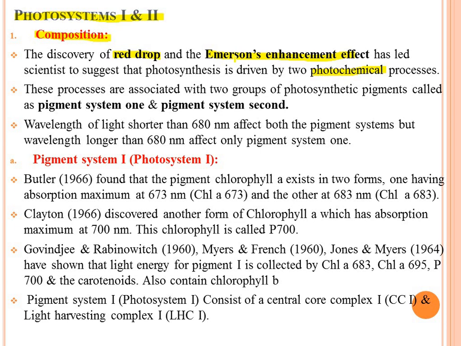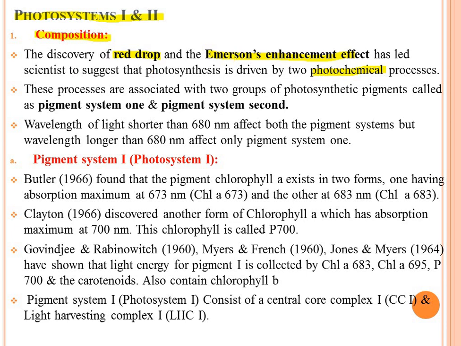If we provide red as well as far red light simultaneously, then photosynthesis gets increased. Means when we provide both the wavelengths, 680 nanometer, that is red light, and 700 nanometer, that is far red light, then photosynthesis in plants gets increased. Means there is a reversal of red drop.